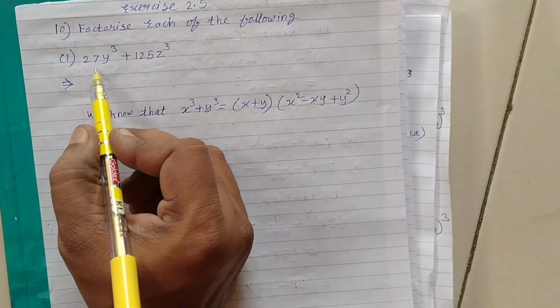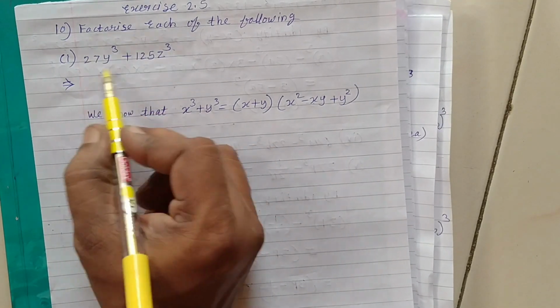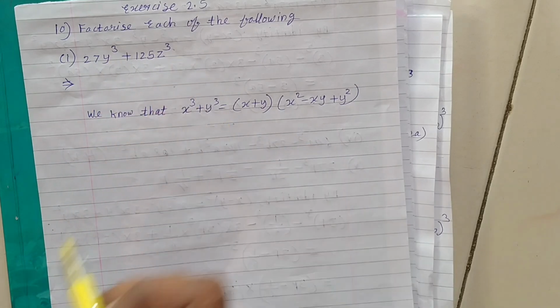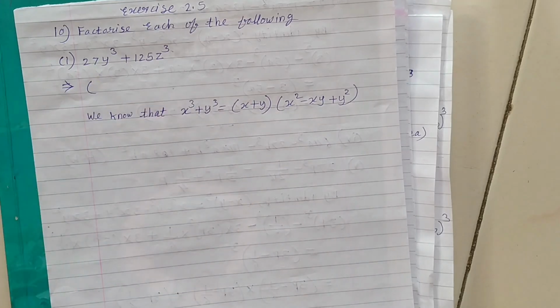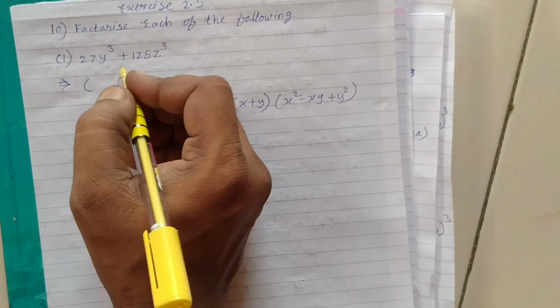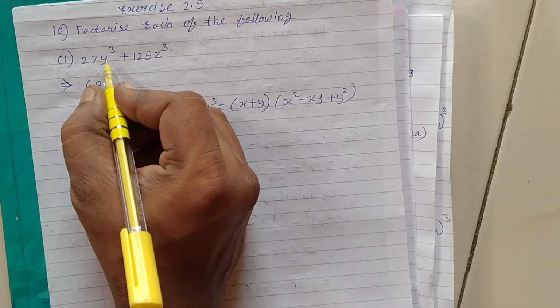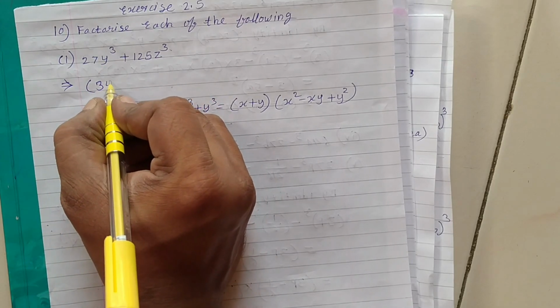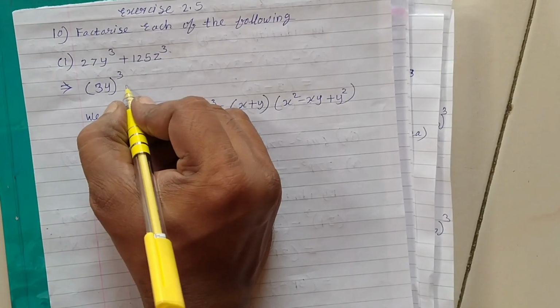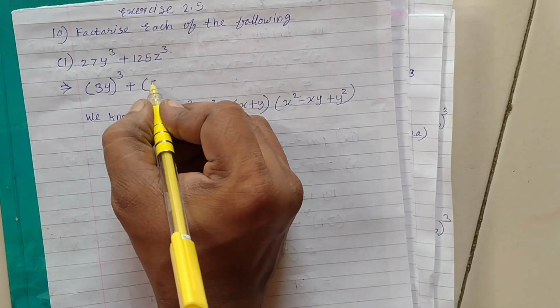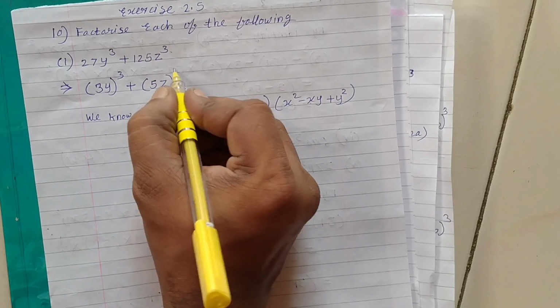Now we have to write this question in the form of x cube plus y cube. Can I write this 27? 27 is the cube of 3, and y cube is the cube of y, so I can write this as 3y whole cube. Similarly 125 is the cube of 5, so I can write this as 5z whole cube.